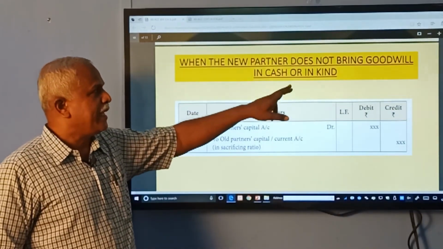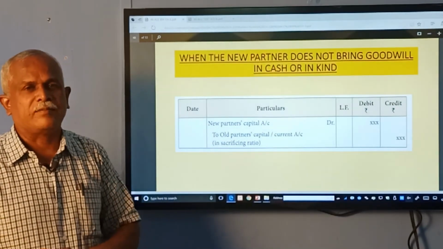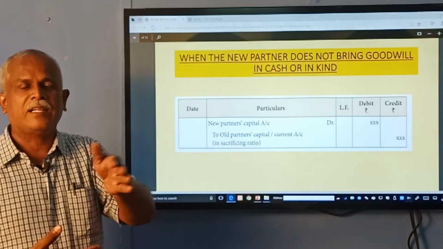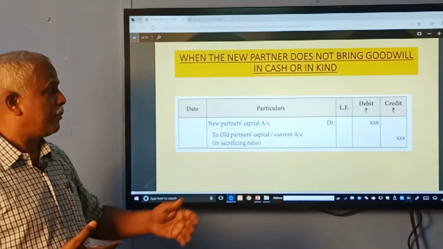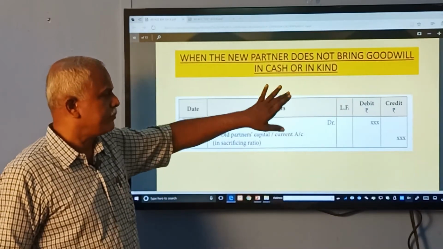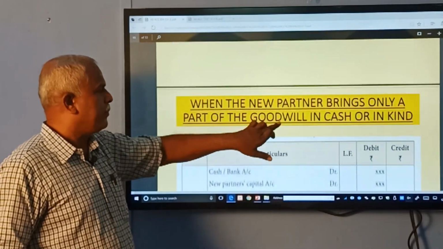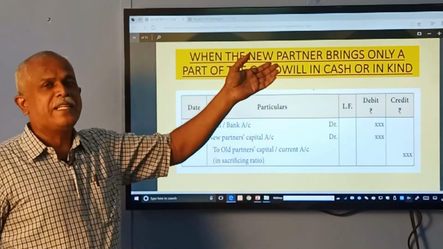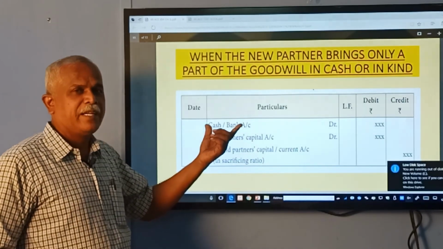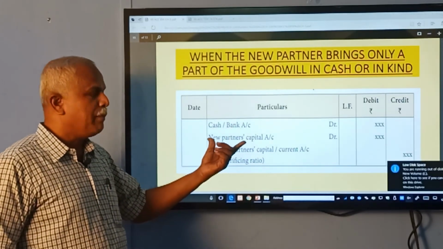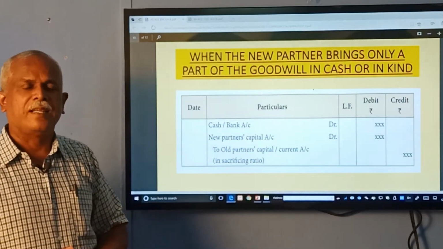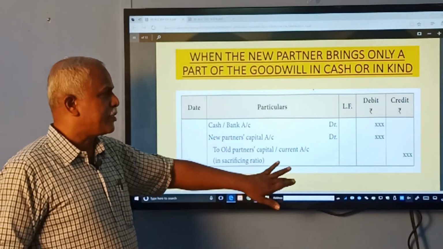When the new partner is unable to bring in the goodwill share, it will be taken out from his capital account and transferred to old partners' capital account. New partner's capital account to old partners' capital account. When a partner brings a part of it, then part of it will be debited to cash account and the balance will be taken out from his capital account and transferred to old partners' capital account in sacrificing ratio.